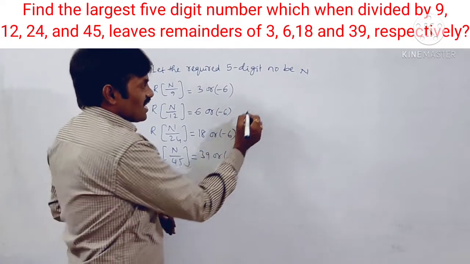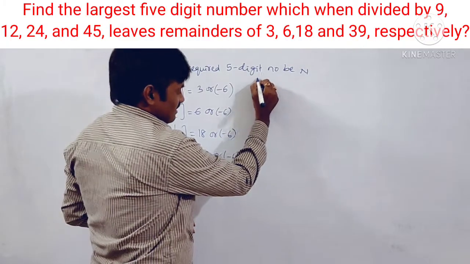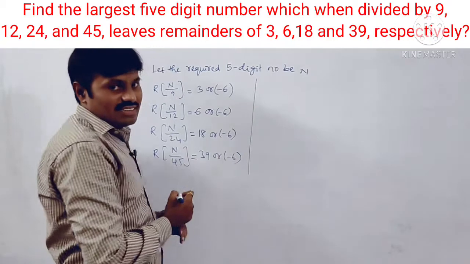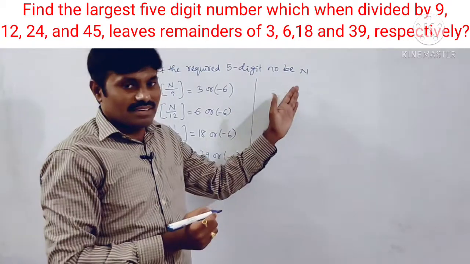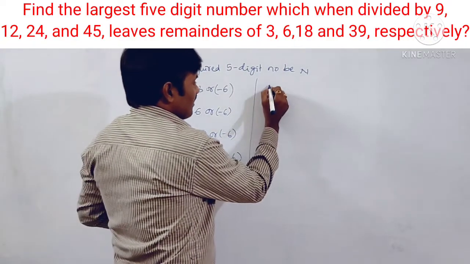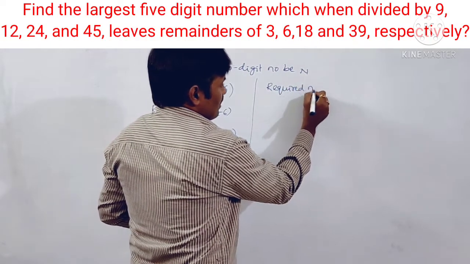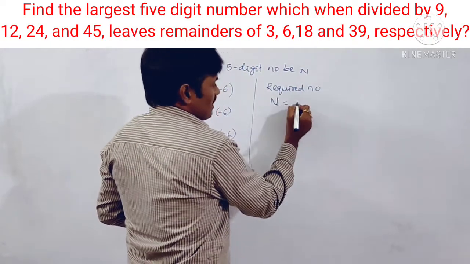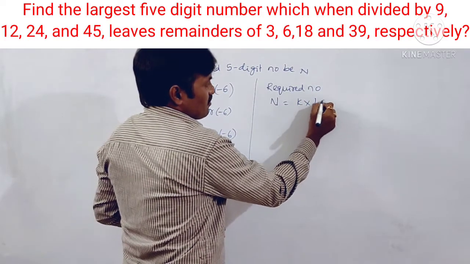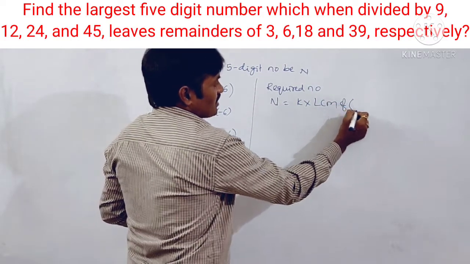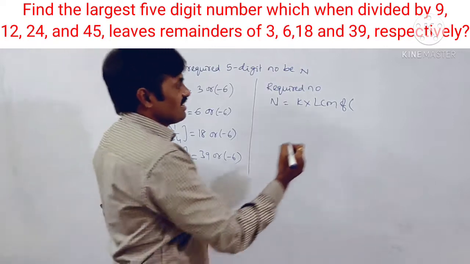Now then, what is our required number? We can get the required number like this. Required number capital N is equal to k times the LCM of these divisors. What are the divisors here?